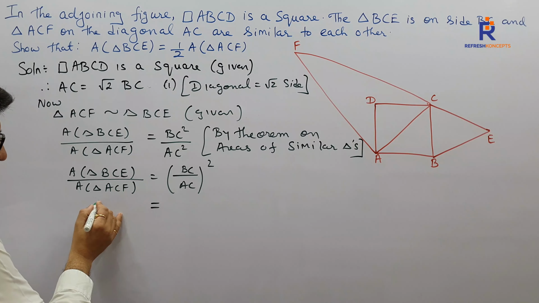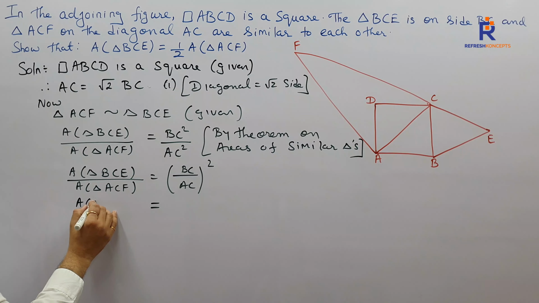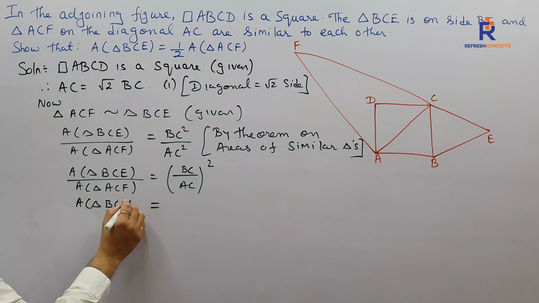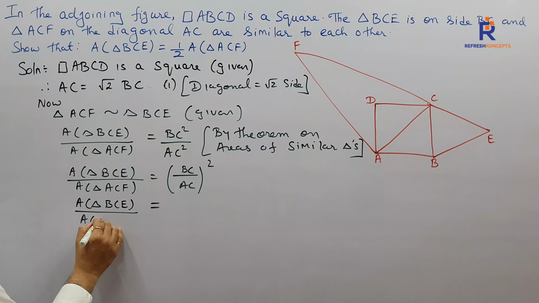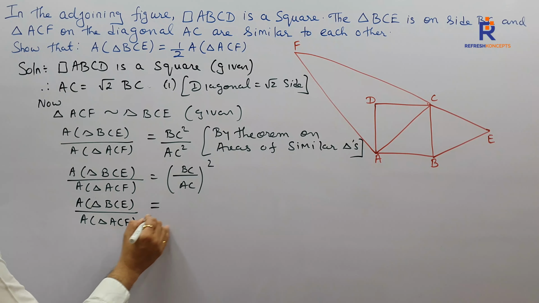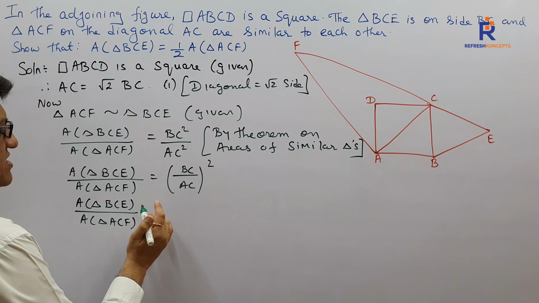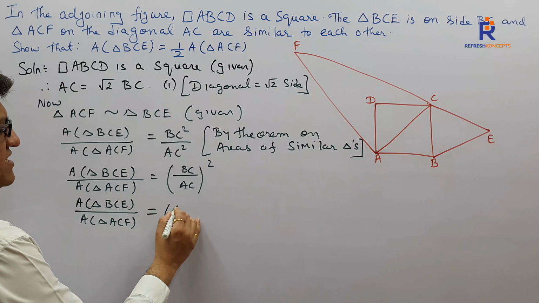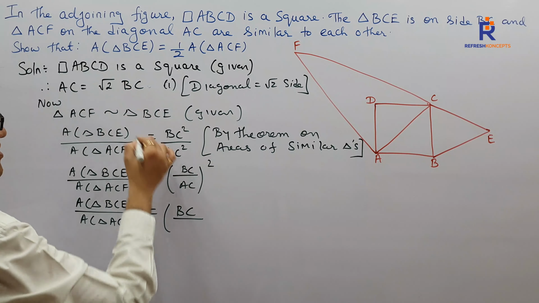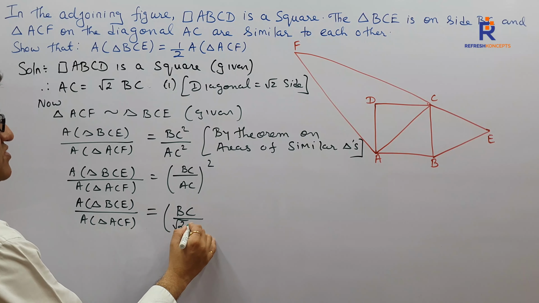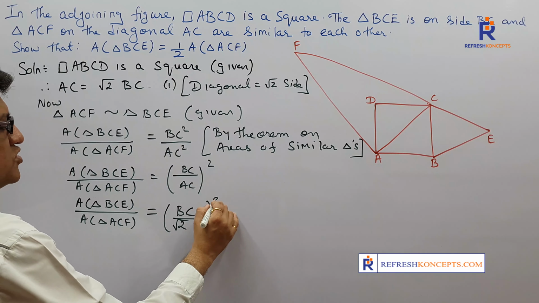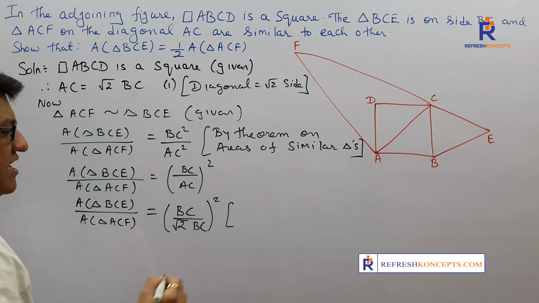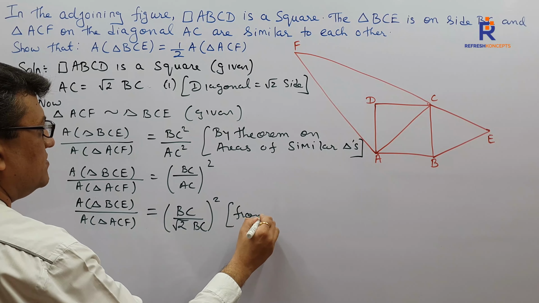The left-hand side is as it is, area of triangle BCE upon area of triangle ACF. How about the RHS? Instead of BC by AC, I substitute AC as root 2 times BC, the whole square. I got this from equation number 1.